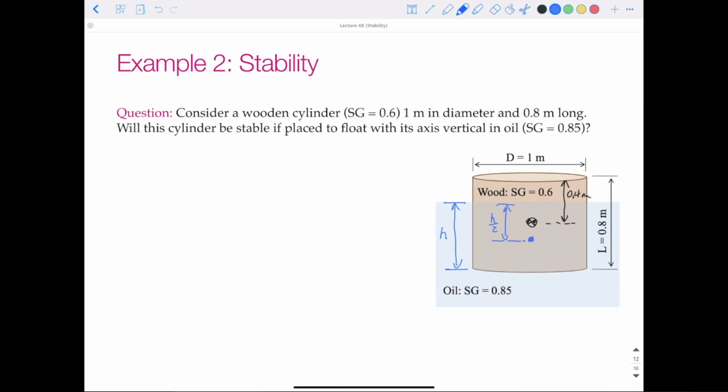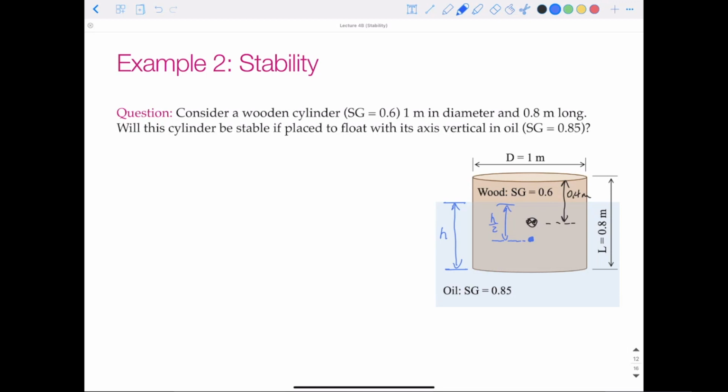So where would we start? What are the steps we need to take to solve this one? Right, we'd have to find H first.